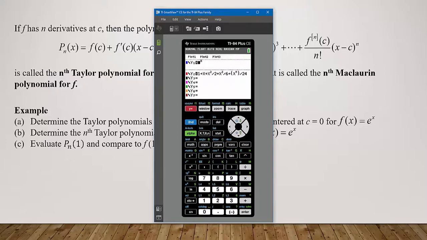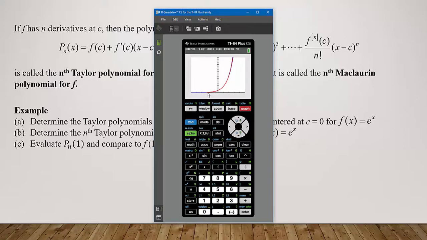So let me add on one more term. The next term would be plus x to the 5th divided by 5 factorial. 5 factorial is 120. So let's see what it looks like when we add just one more term.